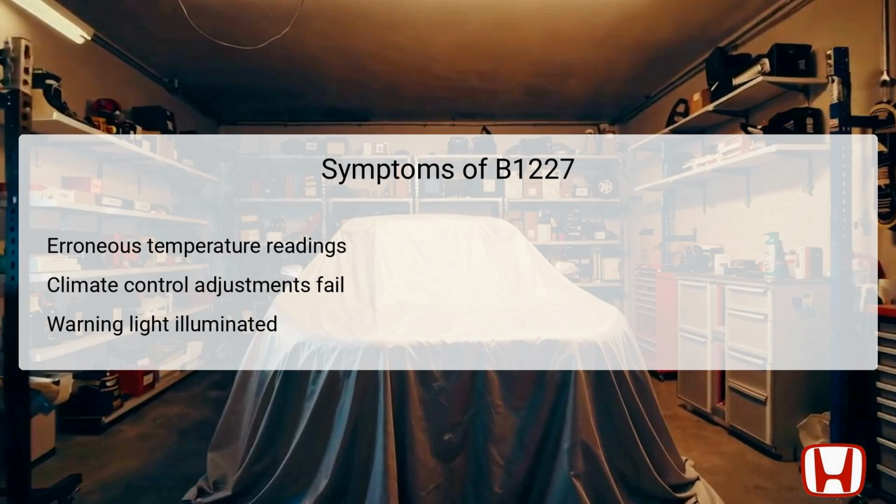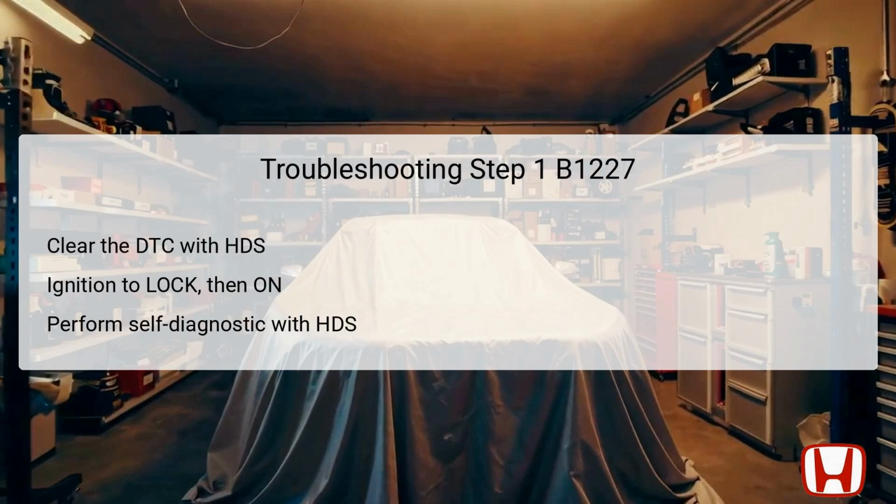The initial step in troubleshooting B1227 involves clearing the Diagnostic Trouble Code DTC using the Honda Diagnostic System HDS. This resets the system and may occasionally resolve the issue if it was a transient error. Following the reset, turn the ignition switch to the lock position and then back to the on position, ensuring that the vehicle's electrical systems are properly initialized.